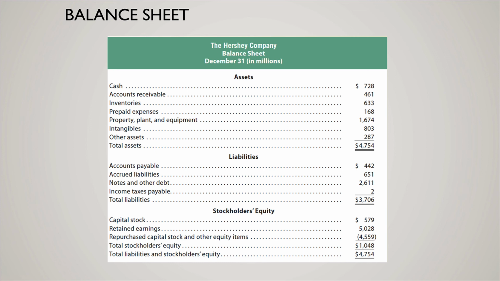The accounting equation requires that transactions are recorded in such a way that assets are always equal to liabilities plus equity. That's why your balance sheet is called a balance sheet, because the assets, 4.7 billion, balances the liabilities and stockholders' equity. Okay, that's a balance sheet.